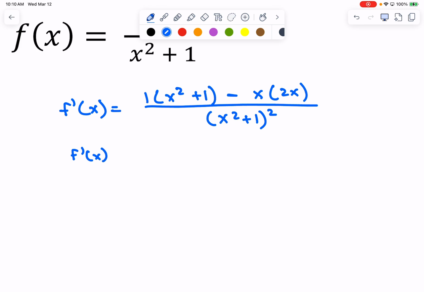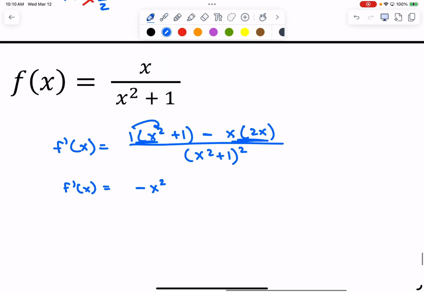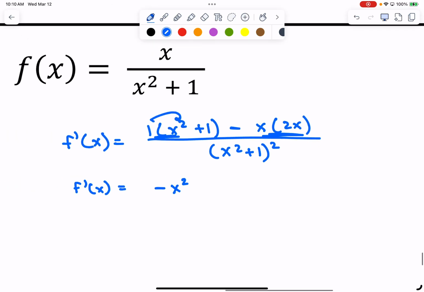This 1 doesn't do anything, so we're going to have an x squared minus a 2x squared. What is that going to give us? Negative x squared. So negative x squared plus 1, is that correct? Yeah. Over x squared plus 1 to the second power. All right, we good with that?